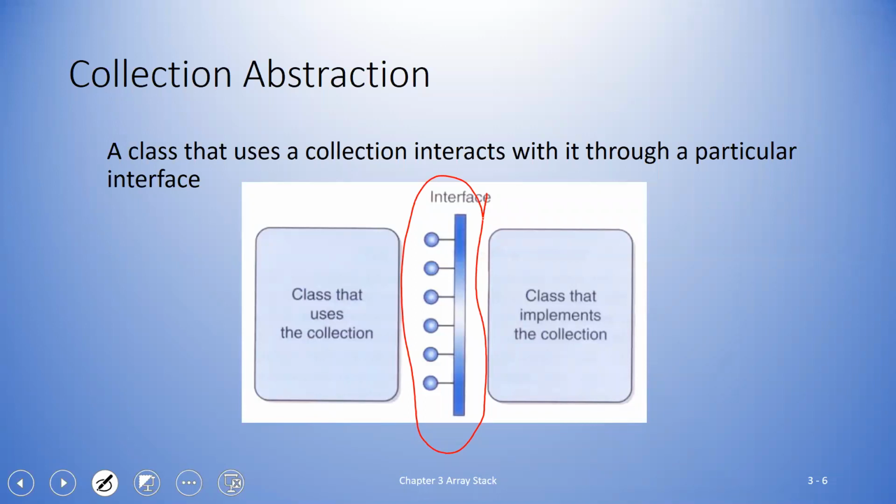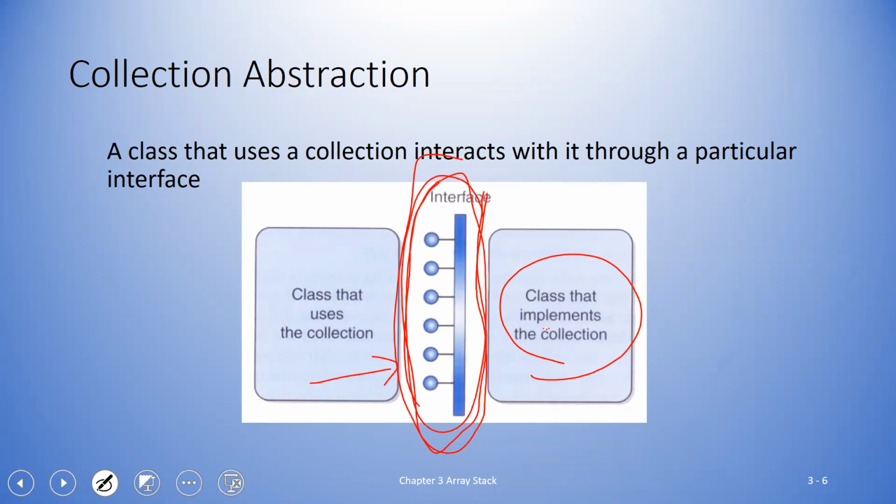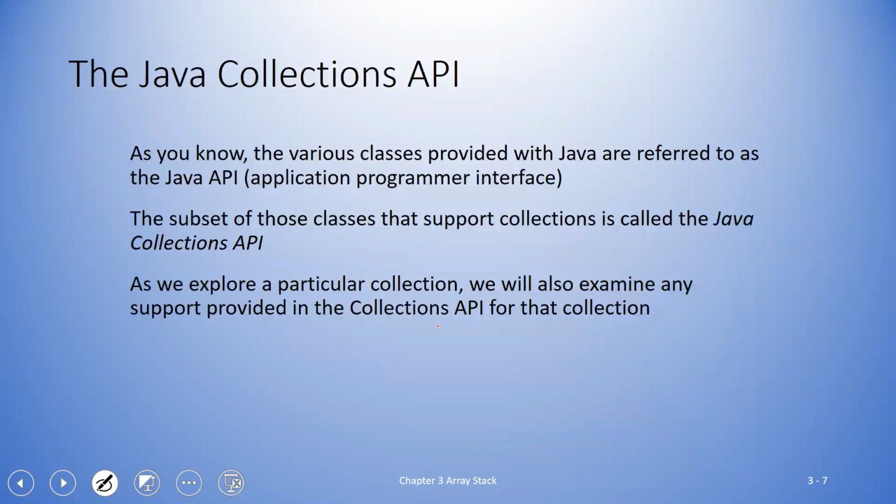And as a class, you use this collection. This is the collection class, and this is the interface. Remember, a class implements an interface. It must implement all the methods in the interface. So if you are a client class and you want to use that class, you know that it has all these methods. So that's what that is. You can read this.